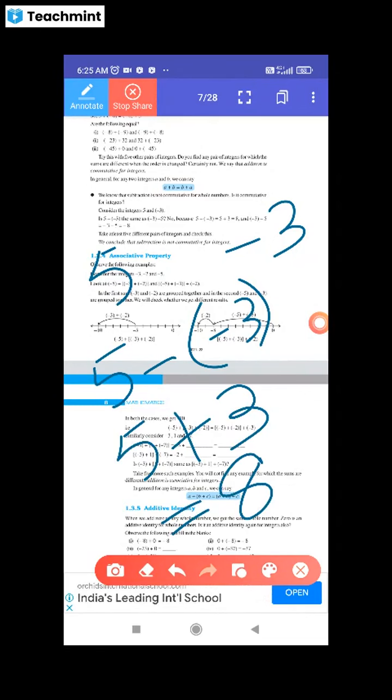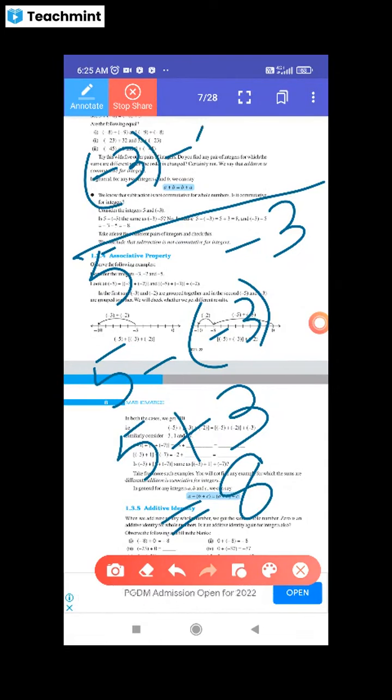Done. Now subtract the other way, minus 3 minus 5. What is the answer you will get? Check it once. Plus or minus? Let us see.